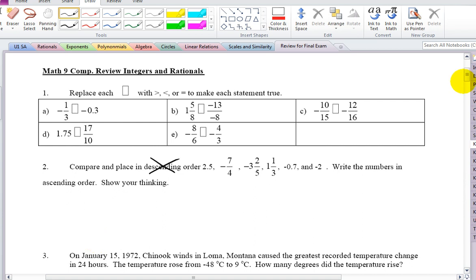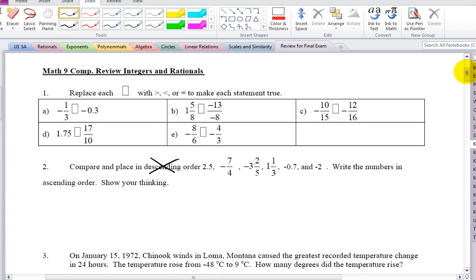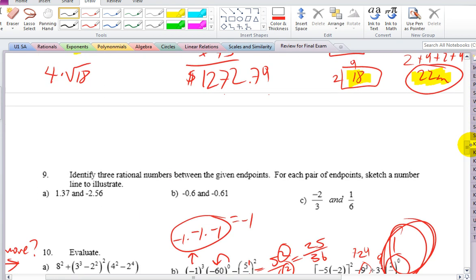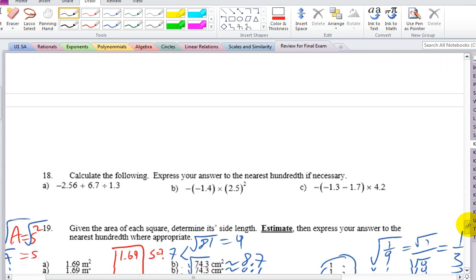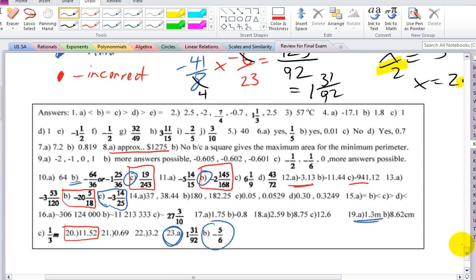So, no, I said worksheet integers odds. This is not the worksheet yet. So you're going to do this homework. Get to the answers. And here's the answers, okay? So I'll tell you which ones are wrong right now.